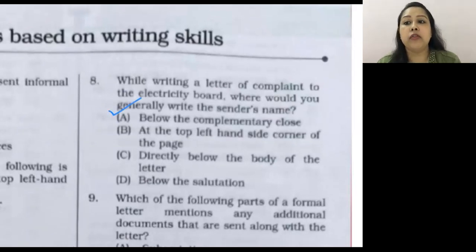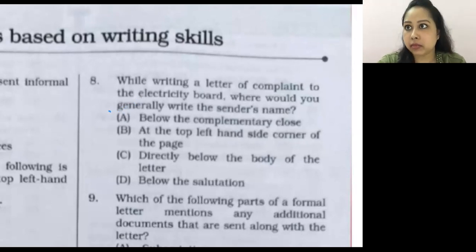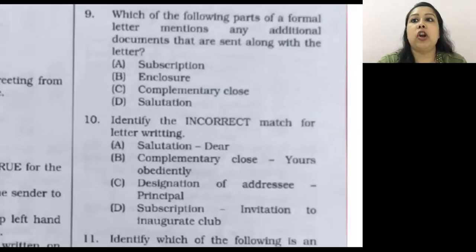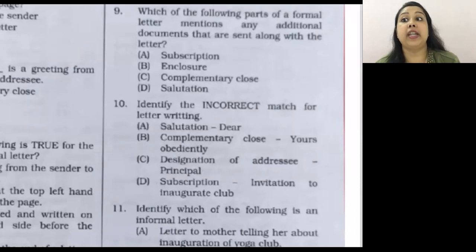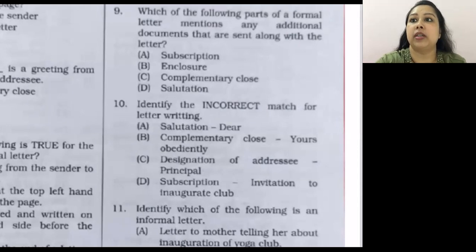Super. Which of the following parts of formal letter mentions any additional documents? Dhruv, here comes your question, beta. Any documents that are sent along with the letter. This is enclosure. One second, Avishkar, I'll get back to you.